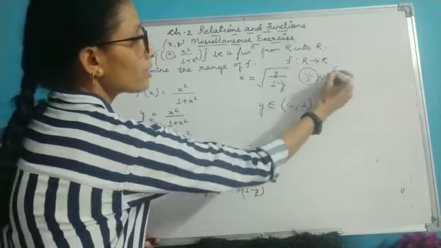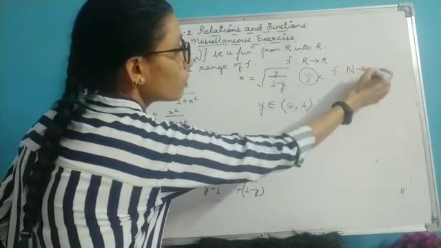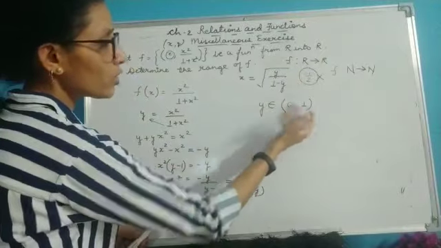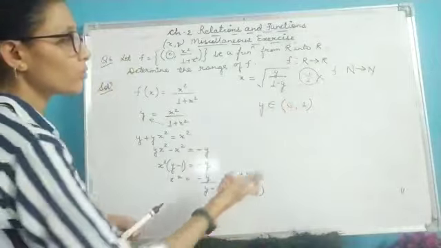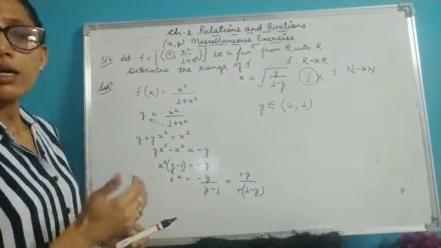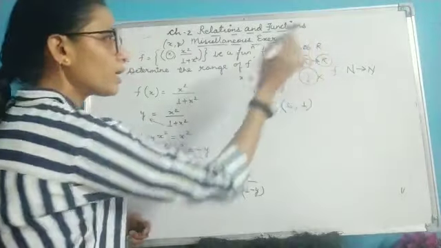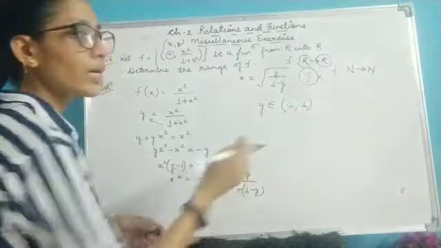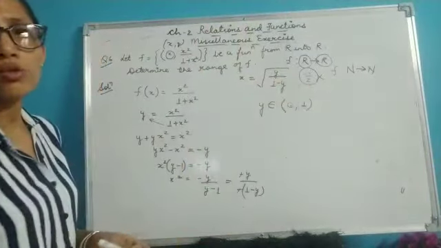If say your function was defined from natural numbers to natural numbers, then I could not have taken the values in between 0 and 1 because natural numbers are 1, 2, 3, 4 and so on. Since it is defined from R to R, that's why I can say that the numbers lying in between 0 and 1 can take the values for y.